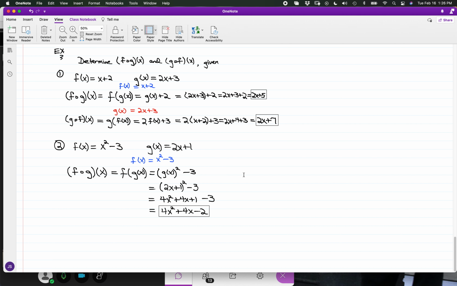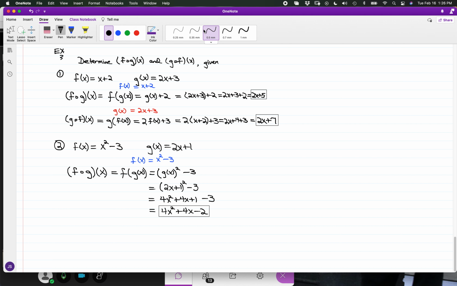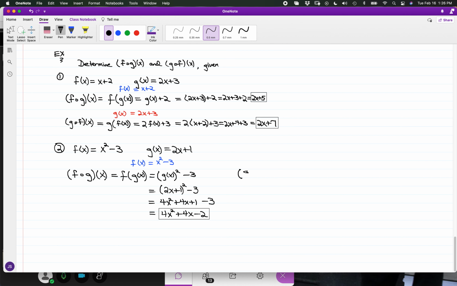And just the reverse sequencing, if I have g composed with f of x. Okay, so again I have g of f of x. Again, g is going to be the output, and f of x is going to be the input.